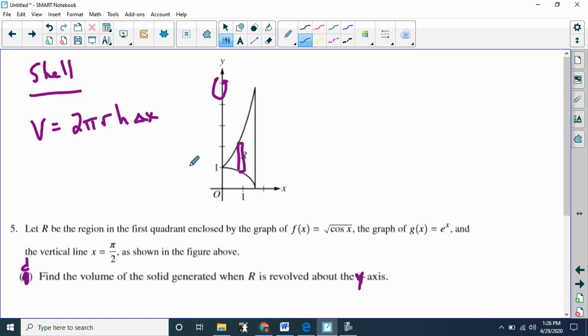So we're revolving it this way. The radius is always going to be this distance. The height is this distance here. And delta x is this small distance right there.